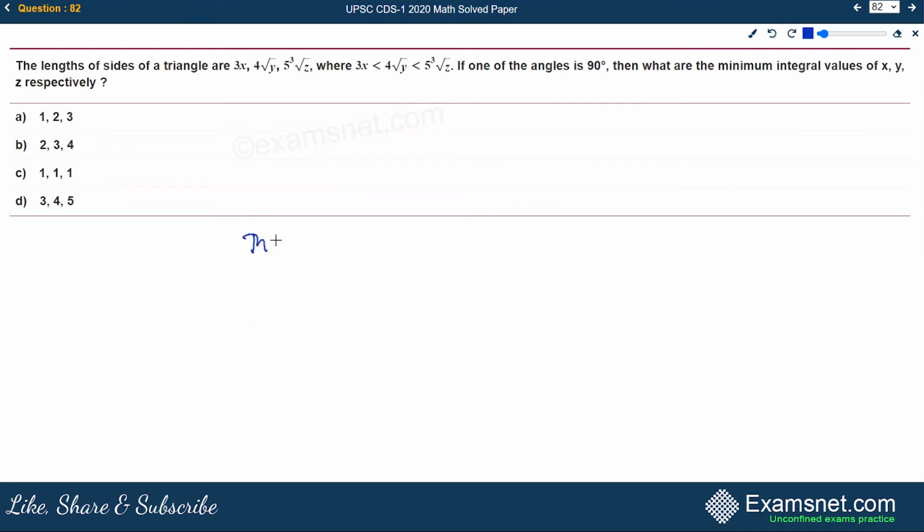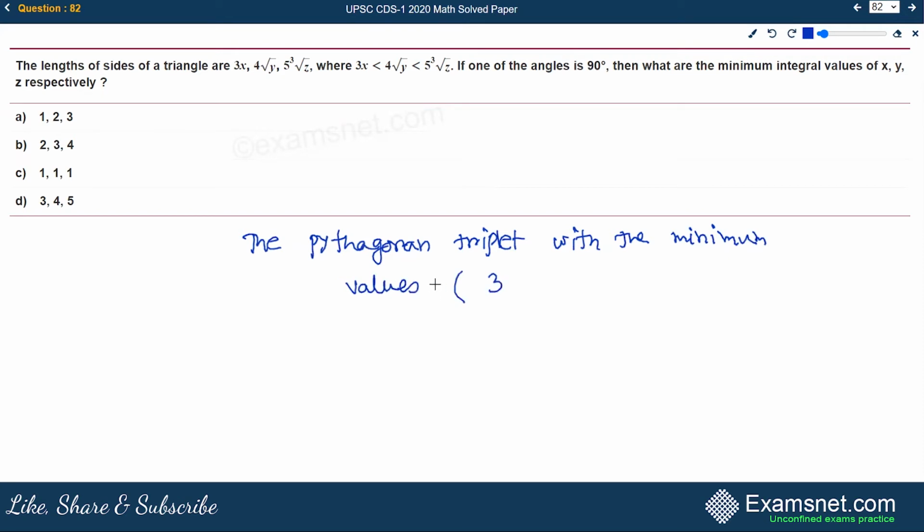The Pythagorean triplet with the minimum values is 3, 4, and 5. These are the numbers which form a Pythagorean triplet, and these are the minimum integral values. Here we are also finding the minimum integral values.